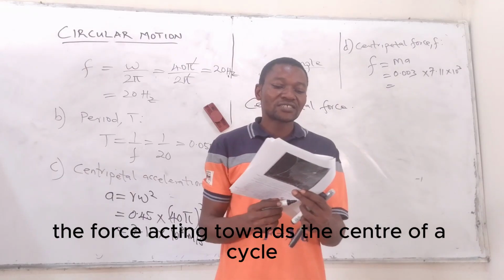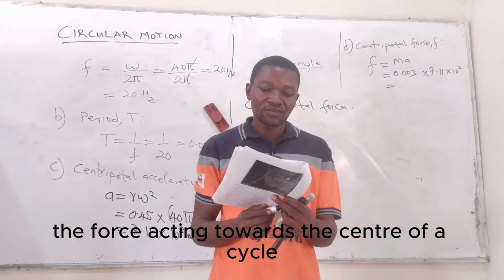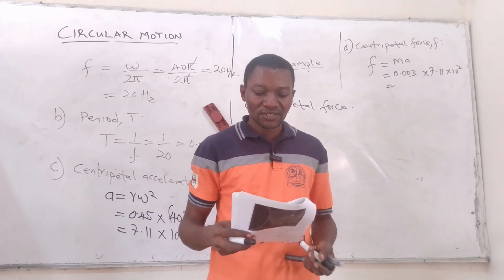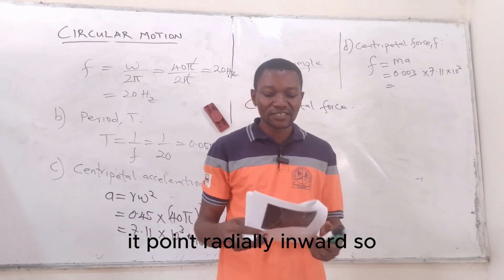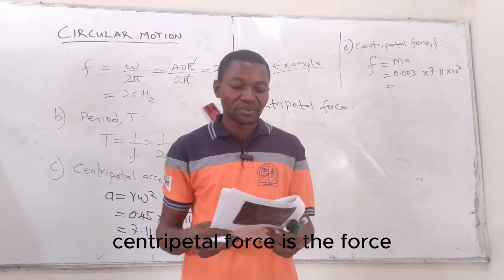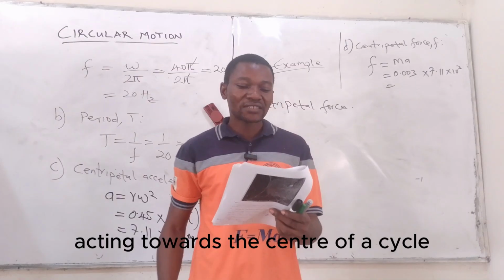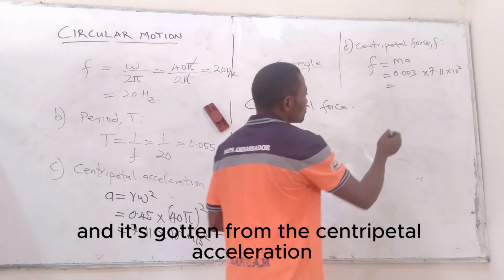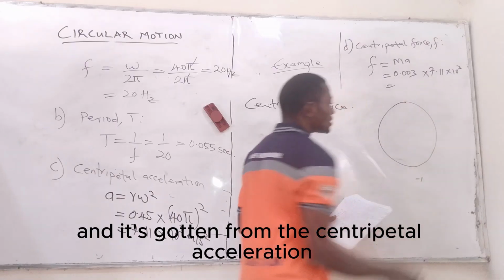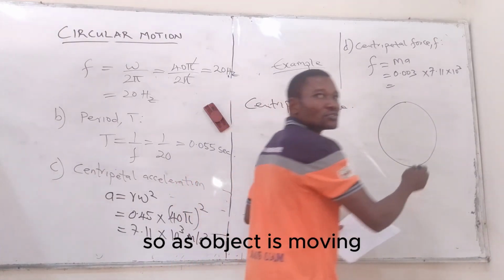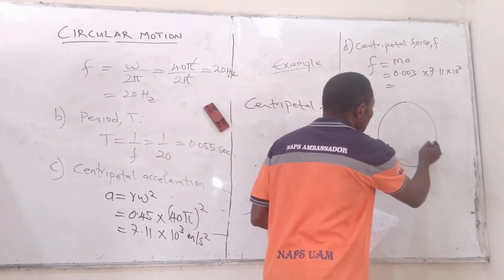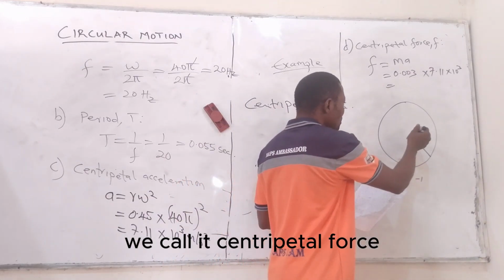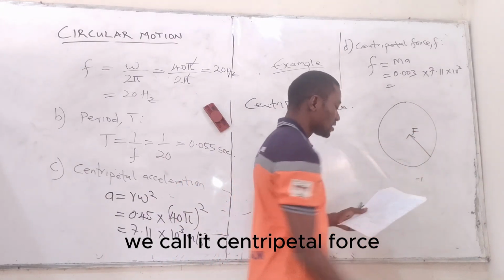The force acting towards the center of a circle is called centripetal force. It points radially inward. So centripetal force is the force acting towards the center of a circle and is gotten from the centripetal acceleration. As an object is moving, that center-seeking force, we call it centripetal force.